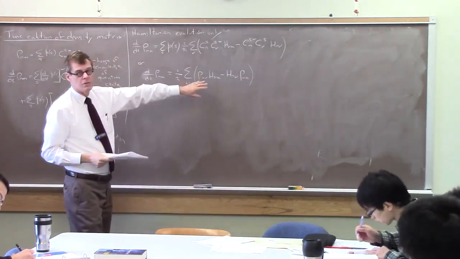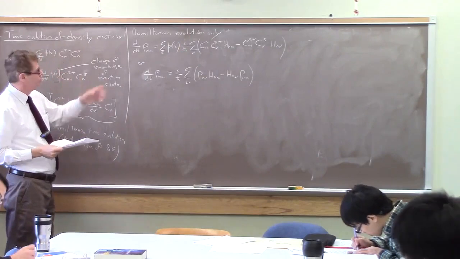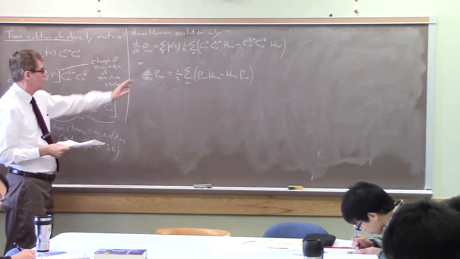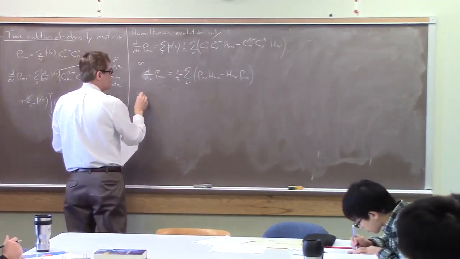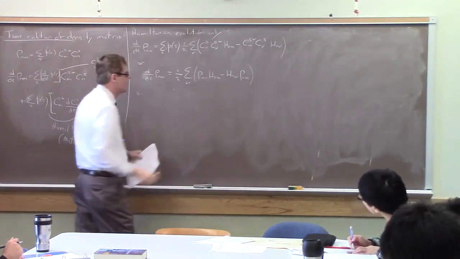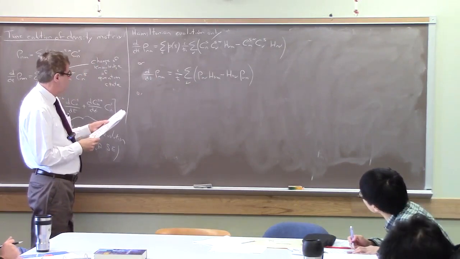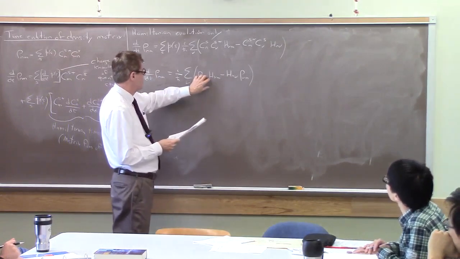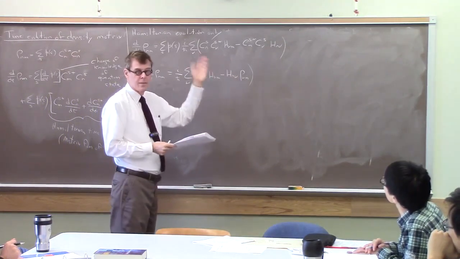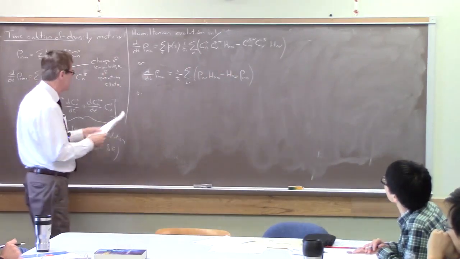So just by introducing the form of the density matrix, now you have something minus the same something taken in the opposite order, and we call that the commutator.